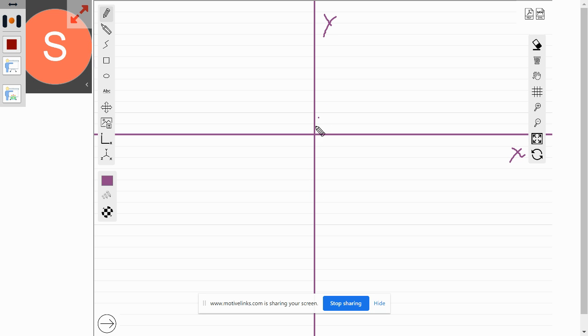And to number this, you would go 1, 2, 3, 4, 5, 6, 7, 8, and so on. Now right here is 0, 0. That is the coordinate of this point right here.